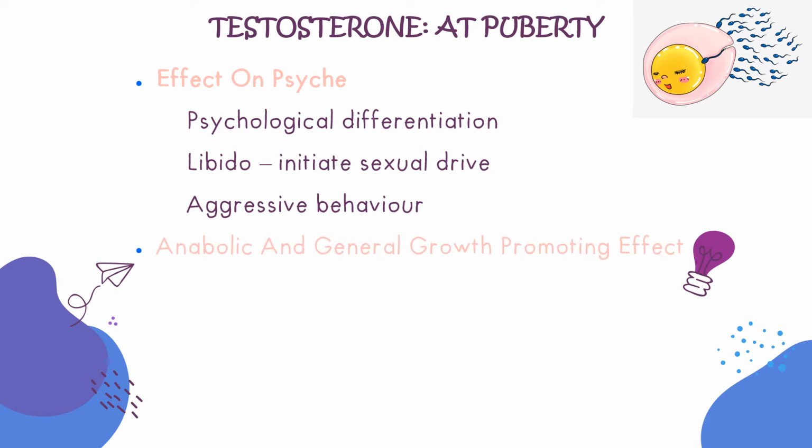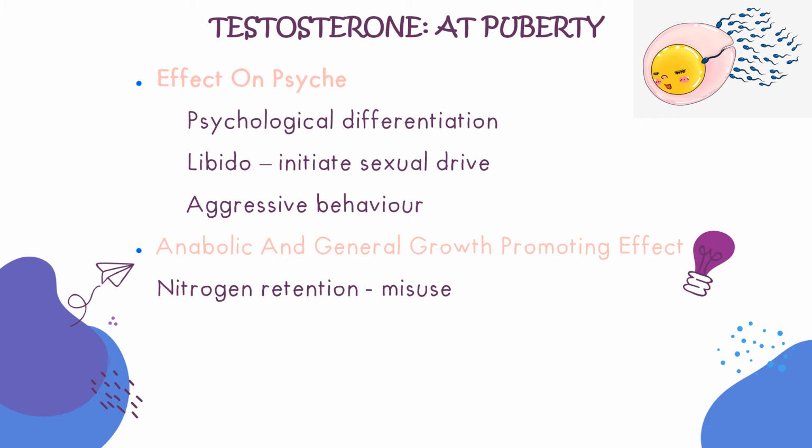Anabolic and general growth promoting effect. So testosterone causes nitrogen retention in the body. So there will be a positive nitrogen balance and it causes increased synthesis and decreased breakdown of the tissue proteins, which results in the growth of the body, and skeletal muscle mass increases.